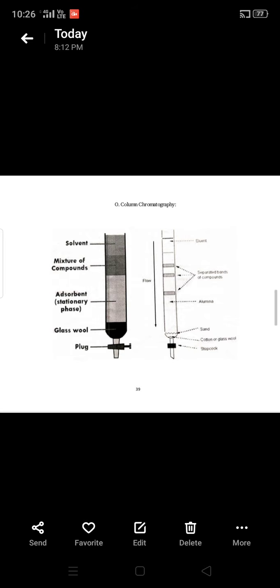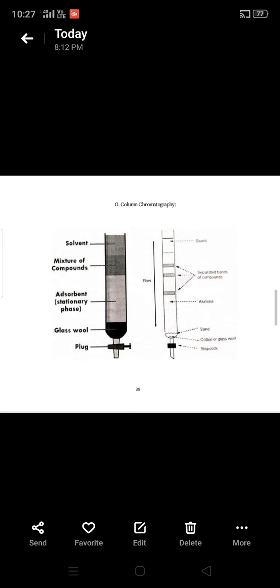The usual adsorbents employed in column chromatography are silica, alumina, calcium carbonate, calcium phosphate, magnesia and starch. The selection of solvent is based on the nature of both the solvent and the adsorbent, and the rate at which the components of a mixture are separated depends on the activity of the adsorbent and the polarity of the solvent.